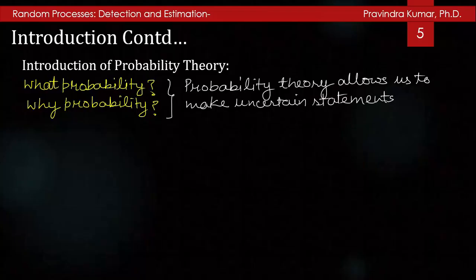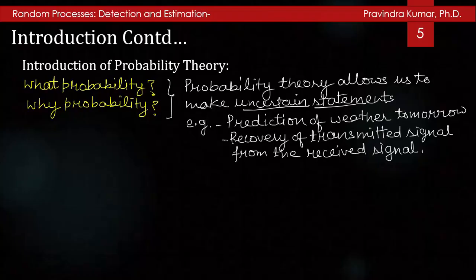So probability theory is applicable in situations where uncertainty exists. Uncertain statements mean that they are not deterministic, or there is no absolute certainty about the statement. For example, the prediction of weather tomorrow, or recovery of the transmitted signal from the received signal.